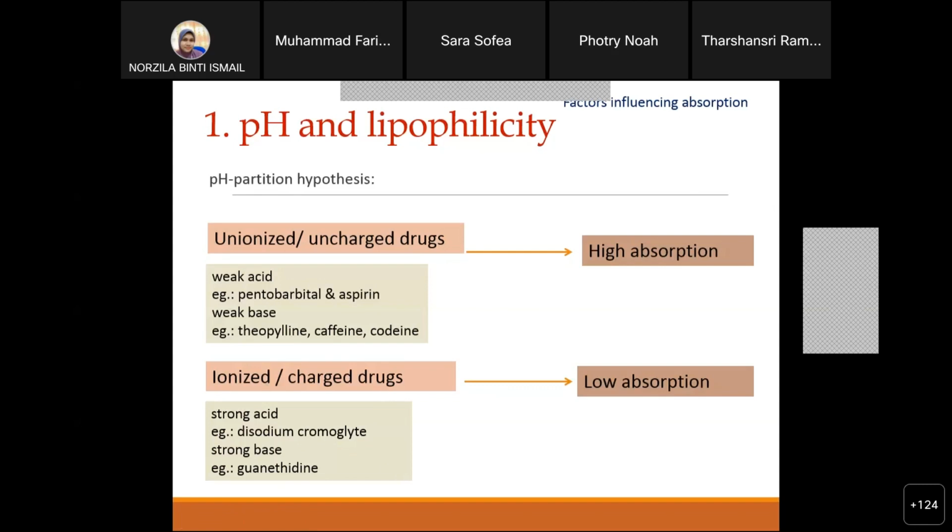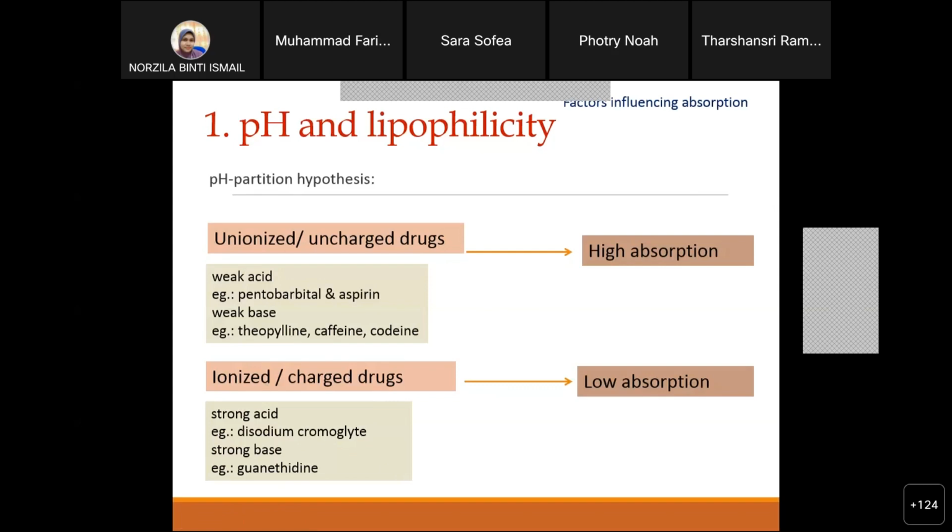So what type of drugs can be prepared through IV, and which one is more suitable to be prepared through oral? Drug yang low absorption, usually we prepare by IV. Yes, that's right.